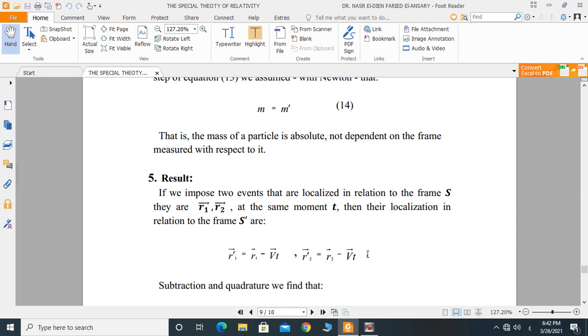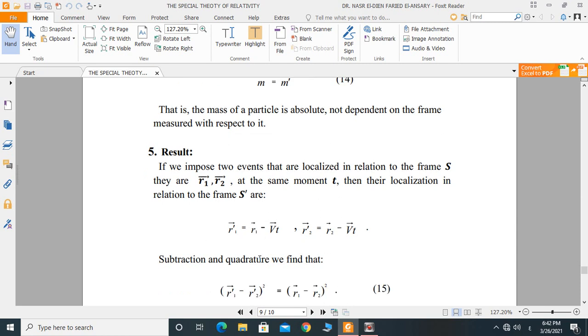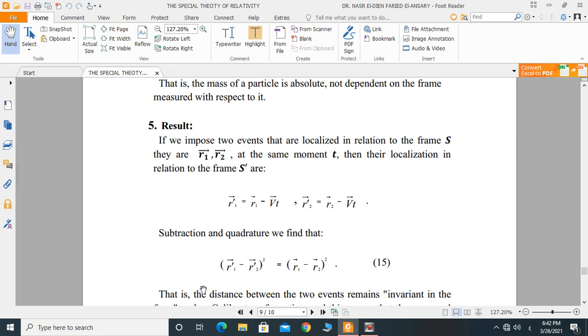Subtracting these two relations, we get (r1 dash minus r2 dash) square equals (r1 minus r2) square.